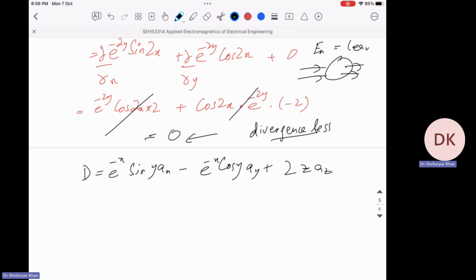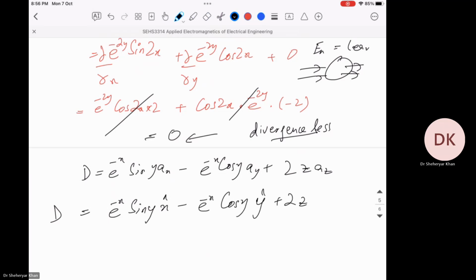Now you see, D is like this. Okay, so del dot D is equal to charge density.